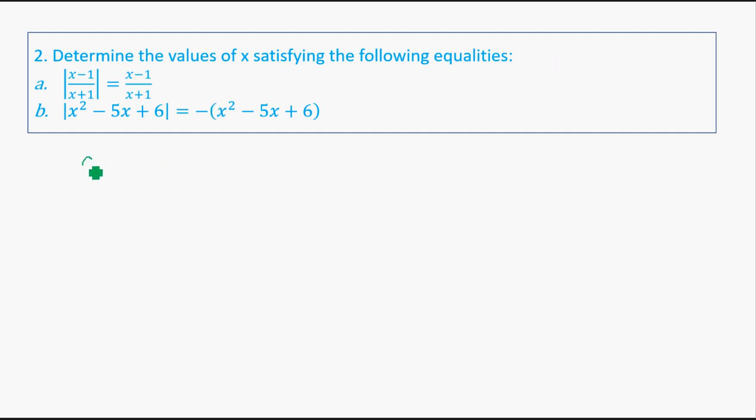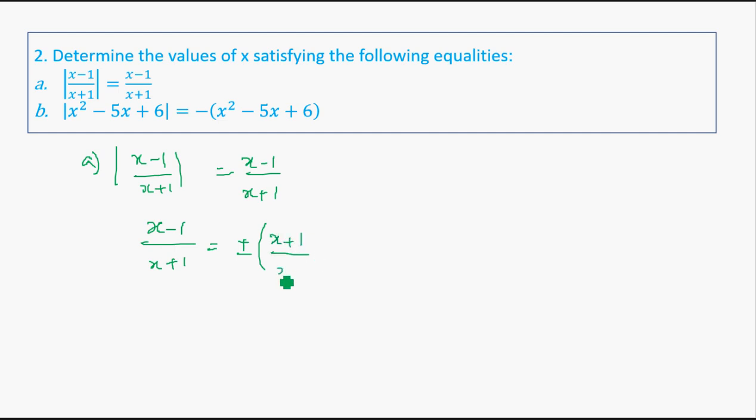Okay, now another problem we will do. So here we have modulus of x minus 1 by x plus 1 will be equal to x minus 1 by x plus 1. So again we will remove the modulus operator, and as in the earlier case, we put plus or minus x plus 1 by x minus 1, right?